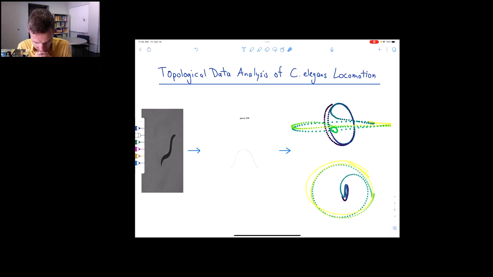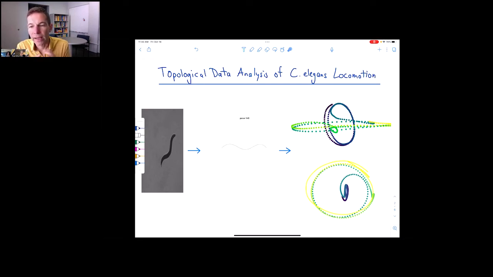So our 20-second video now consists of roughly 400 piecewise linear curves. Each of those curves is one vector, or one point in 100 dimensions.